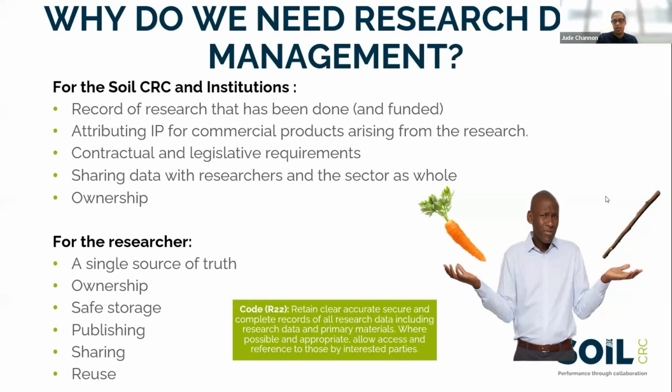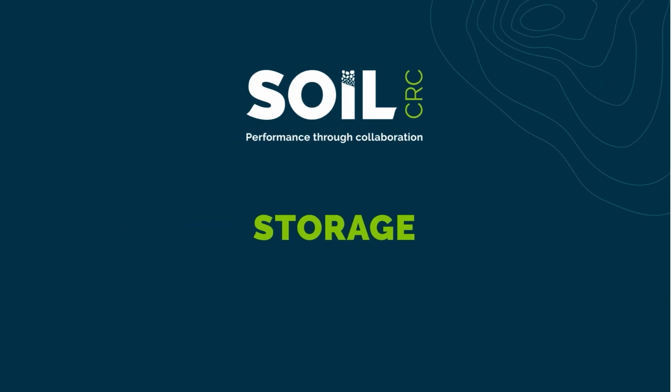It asks you to keep clear, accurate, secure, and complete records. That's research data as well as primary materials, so your field books, your photographs, your samples, all those sorts of things. And also, where appropriate, to allow access and reference. So just to preface that, not everything is open access, and there are reasons for that, but where things can be made open access, they should be made open access.